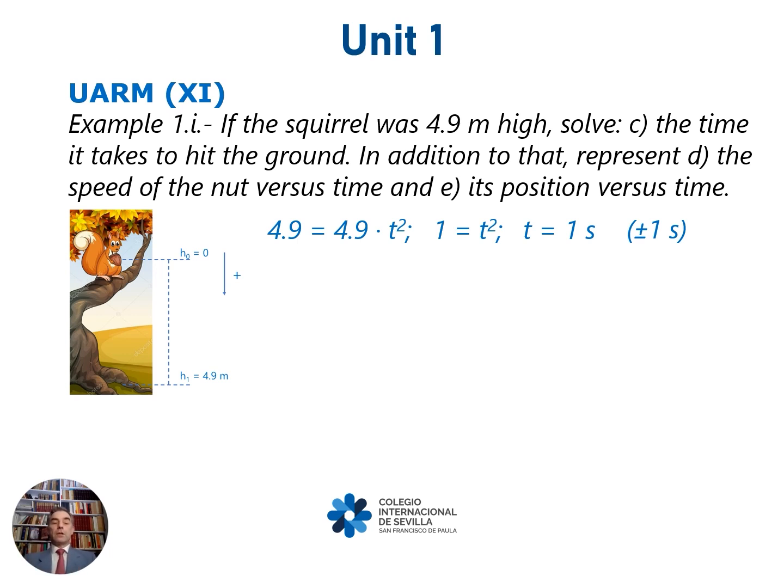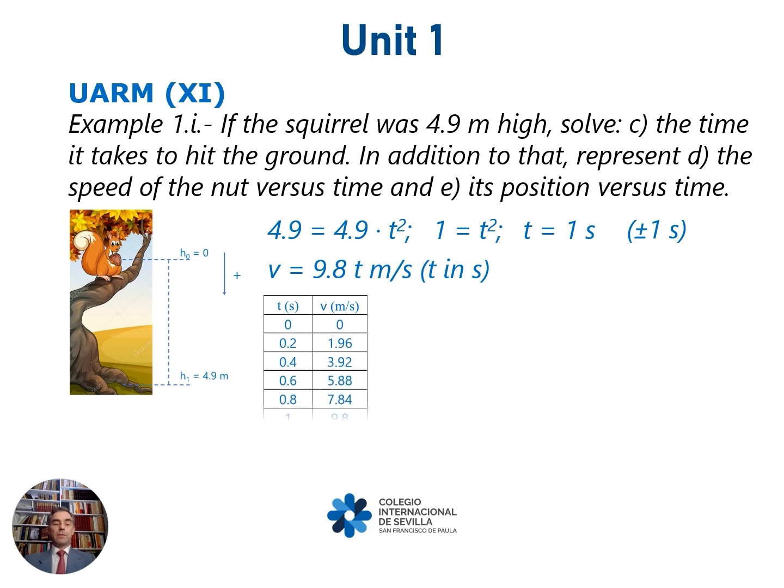Let's now focus on the representations. We need to represent the speed of the nut versus time first, and its position versus time. We know that the speed of the nut is given by v equals 9.8 t meters per second with t in seconds. We build a table of values for the different values of time, and we obtain the different values of speed, replacing those values of time in that equation.